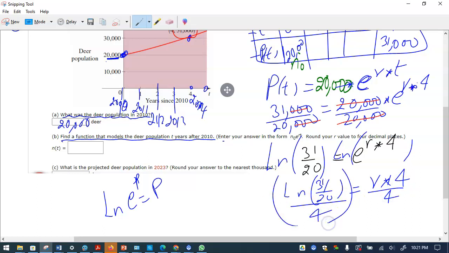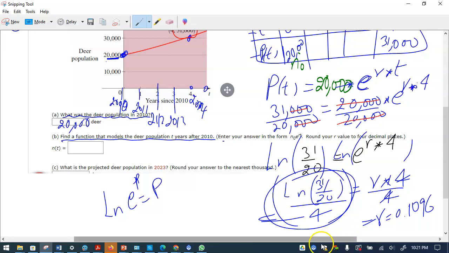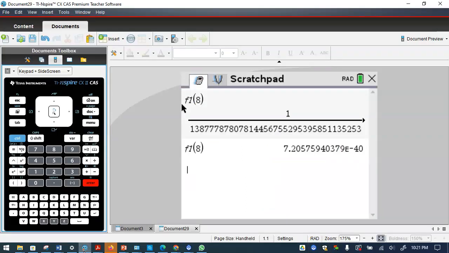You put this in the calculator, and the answer you will get is 0.1096. And if you want to confirm this, I think we'll have to put in that 31 divided by 20. Let's see again. Where is that?